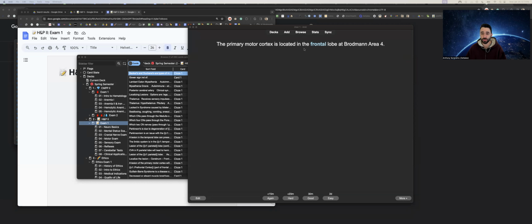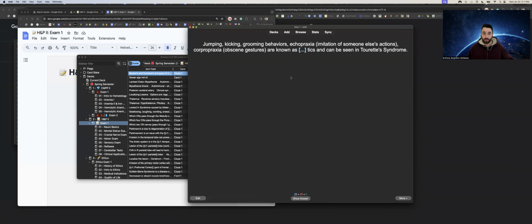I feel like I should Google that. Brodmann area: it's a system to divide the cerebral cortex according to cytoarchitectural organization. Oh yeah, it looks like there's like 40 of them.